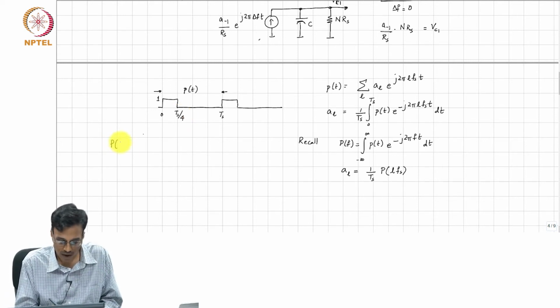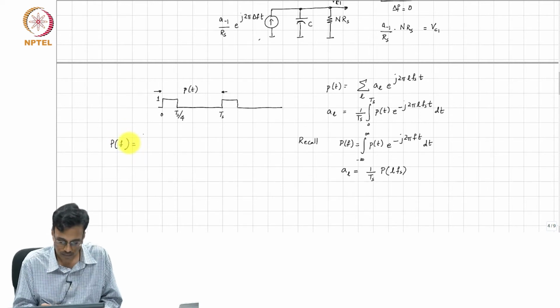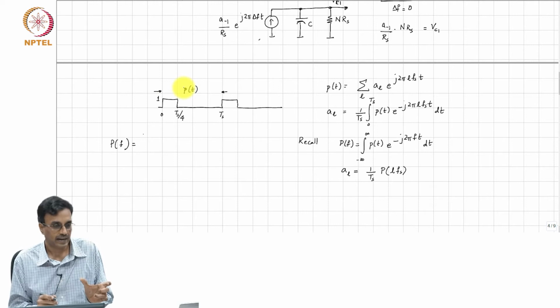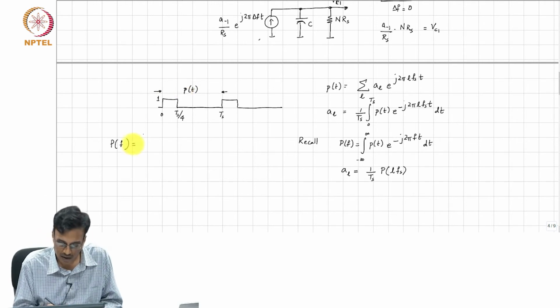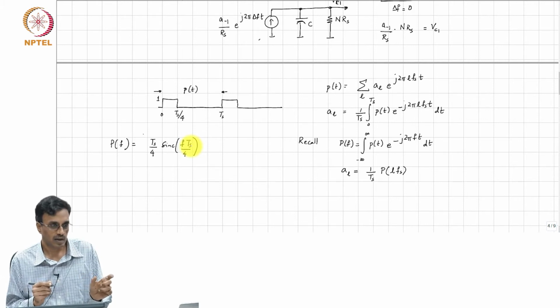Therefore P of f is the Fourier transform of a rectangular pulse, which happens to be Ts by 4 times sinc of f Ts by 4. That would be the Fourier transform of a pulse centered at the origin, but this pulse is moved a little bit to the right.